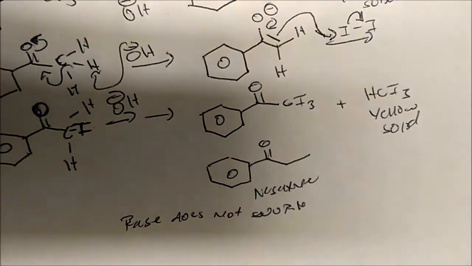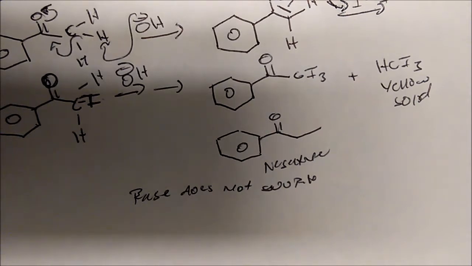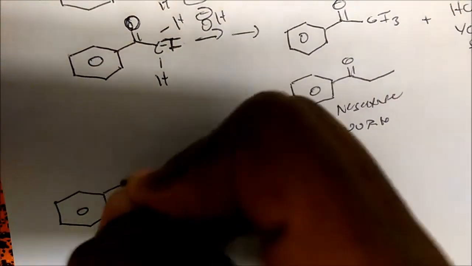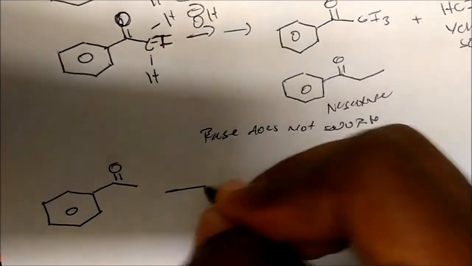If you want to get addition onto a methyl ketone, we have to run it in acidic conditions. So what's the idea? If I take the same molecule, acetophenone, we run it in acidic conditions.